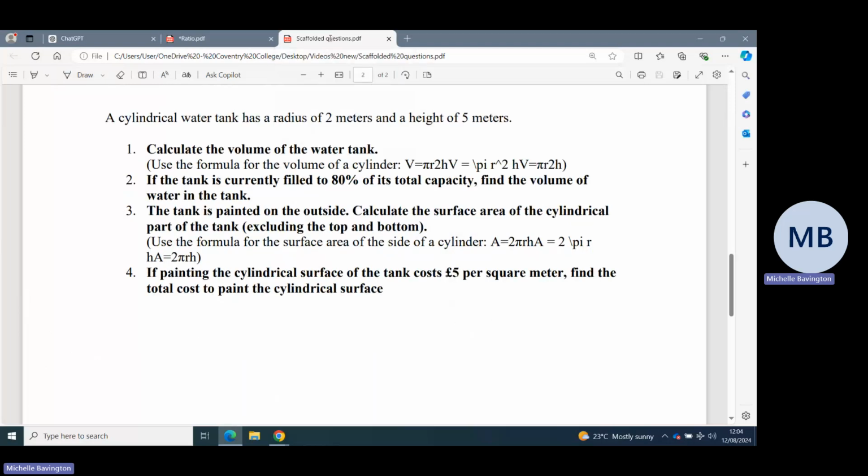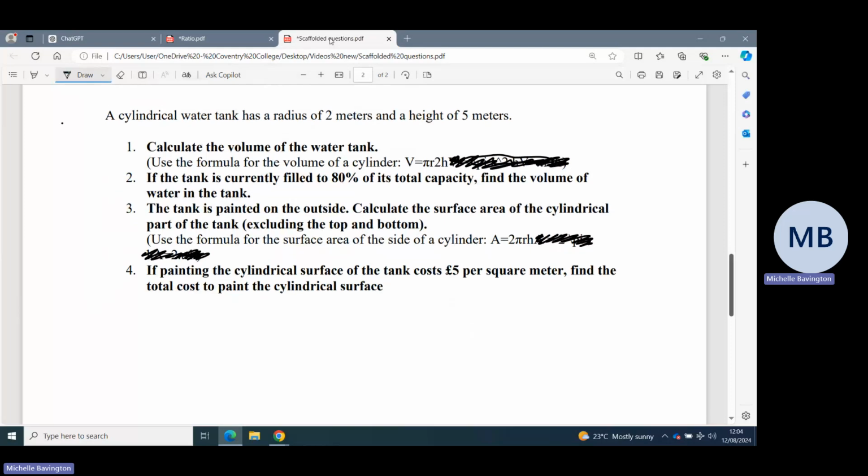A little bit more complicated. Right. I've just got to blank out something here, because we don't need that. And let me blank out that. Righty-o. Now, okay, so this is about a cylinder.